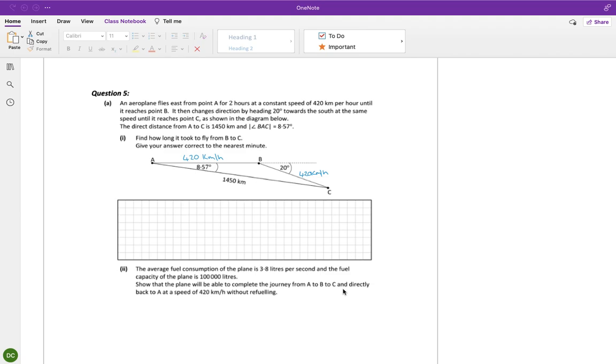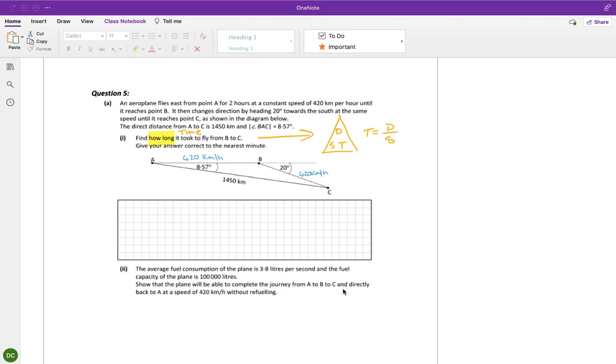Okay, so the fact that it's asking for how long means it's looking for a time. But everything else is distance and speed, so at some point I'm going to have to do time equals distance over speed.